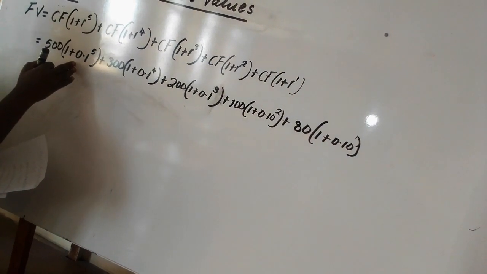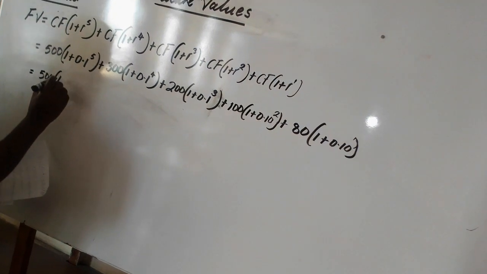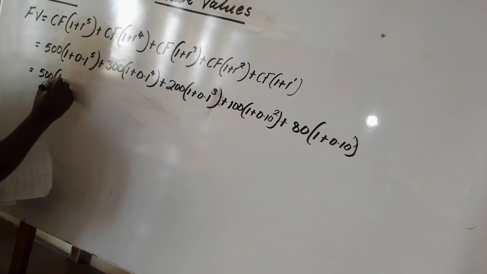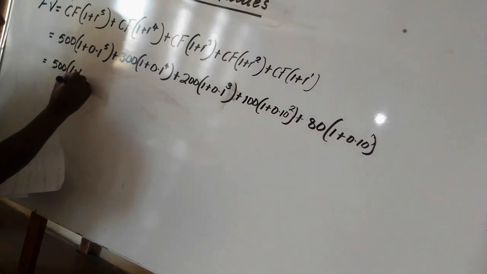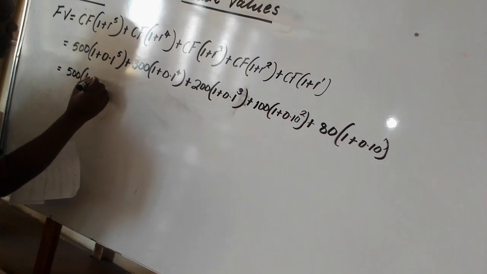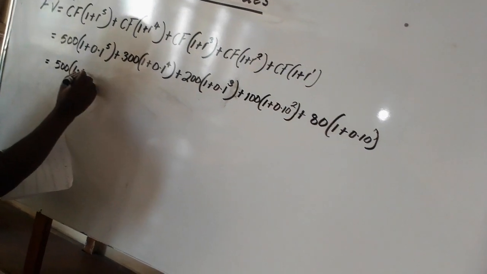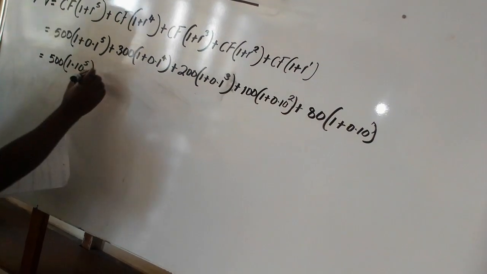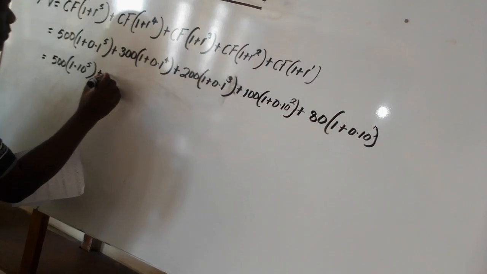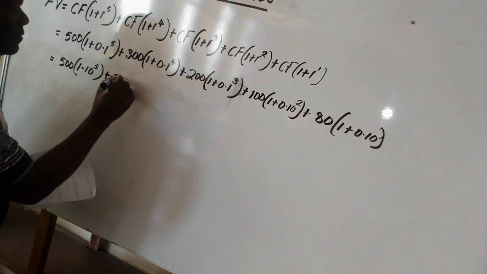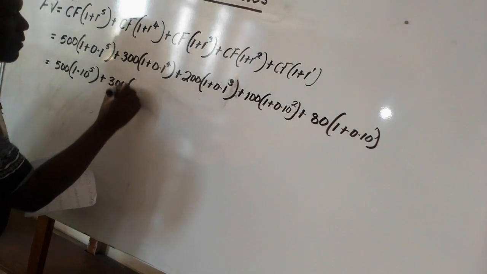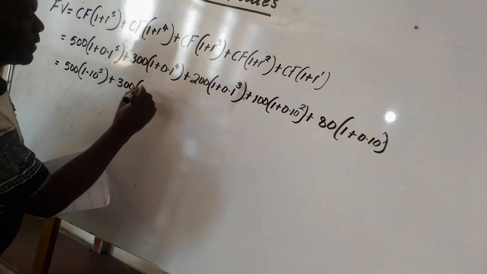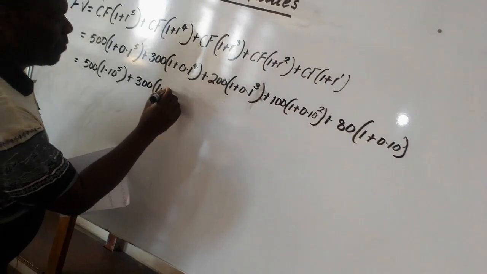We have 1.1 to power 5, then the 300 with 1.1 to power 4.